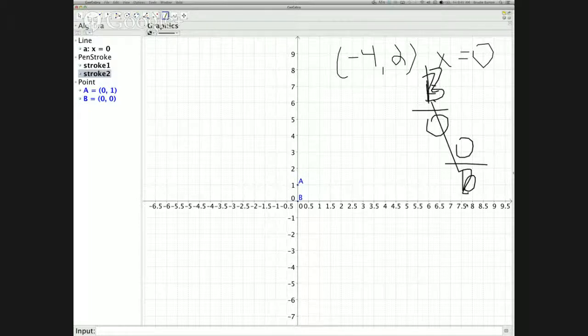So we want a horizontal line. And we want a horizontal line going through the point -4, 2. So the only way to make a horizontal line going through that is to make a line of points on the same horizontal as that.